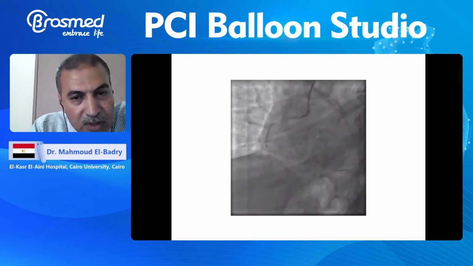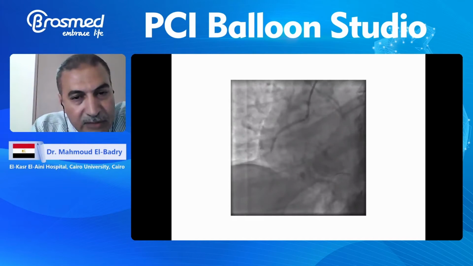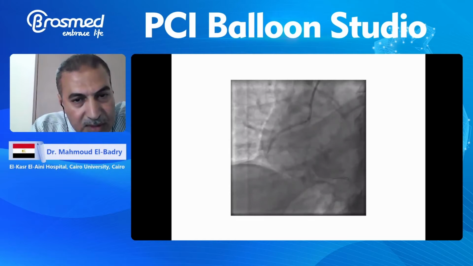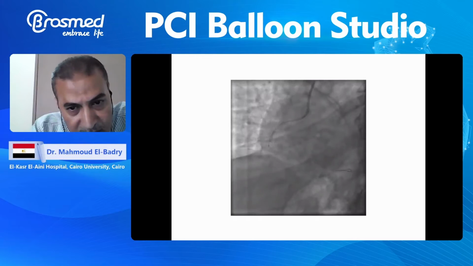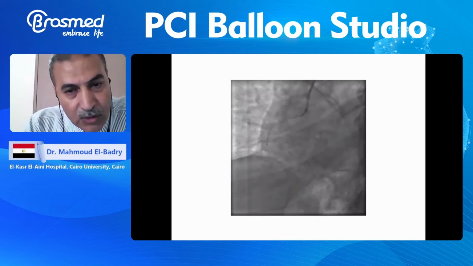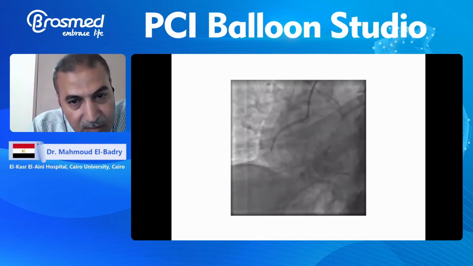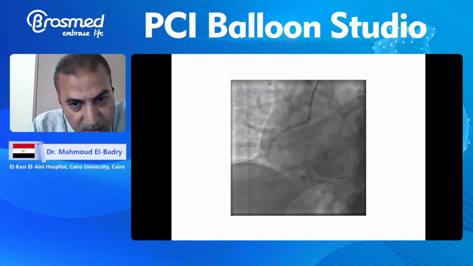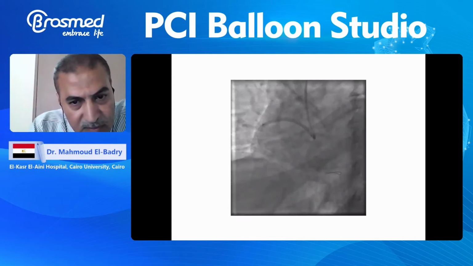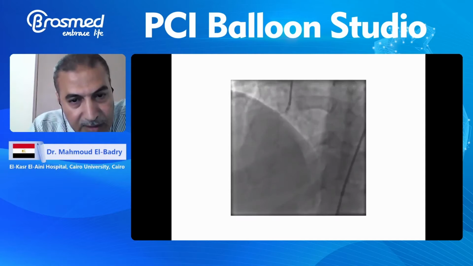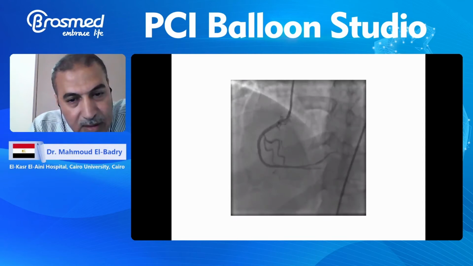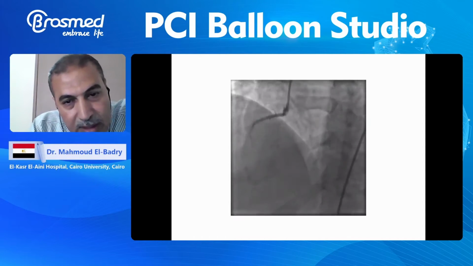Further balloon dilatation, then a long 2.75 by 48 Xience Expedition DES stent, started at the origin and the ostium of the RCA because all of these segments were diseased, and then flaring of the stent. And this is the final result of this CTO RCA lesion.